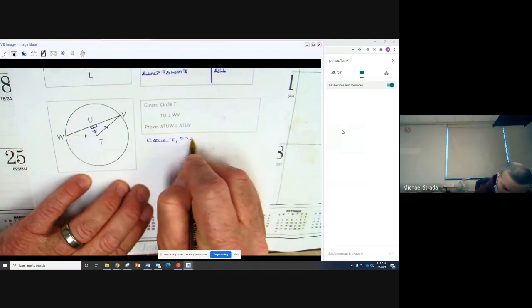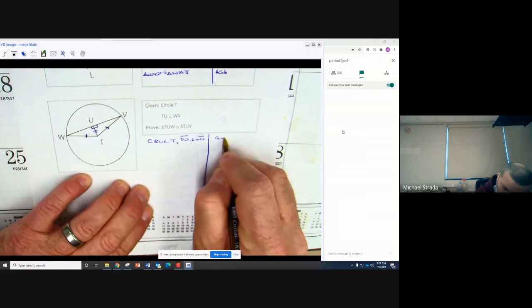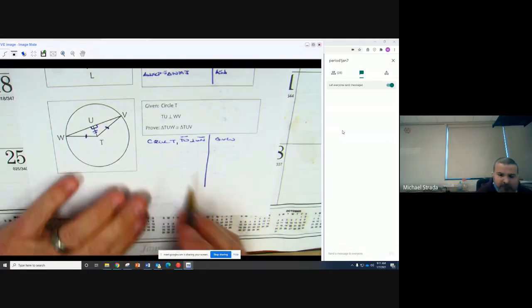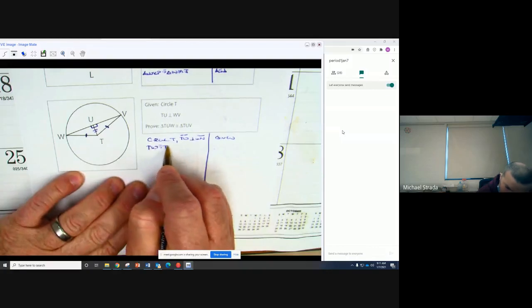TU is perpendicular to WV. Given. All right. So since it's circle T, we'll say TW is congruent to TV.